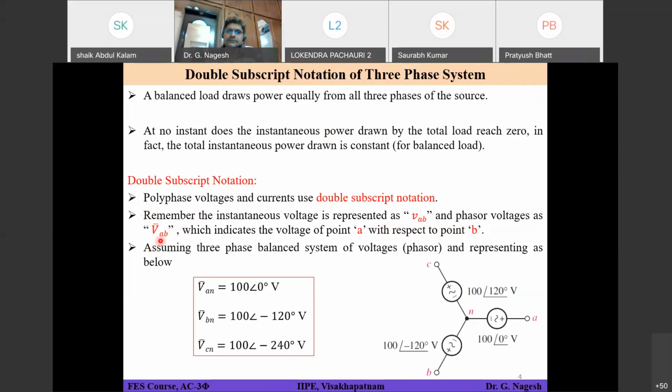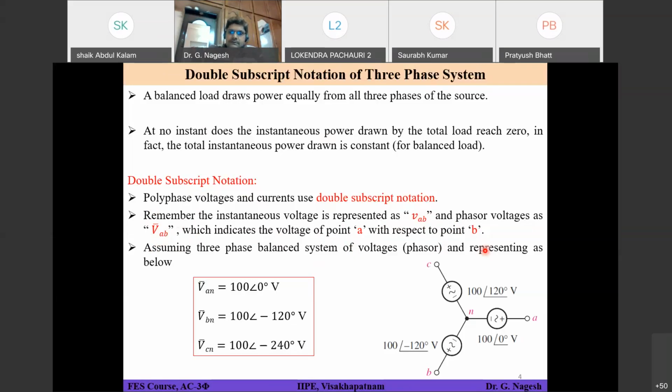So AB means it's a phasor voltage between phase A and phase B, which indicates the voltage of point A with respect to point B. The first letter in the subscript is the point whose voltage we are measuring with respect to the second subscript.